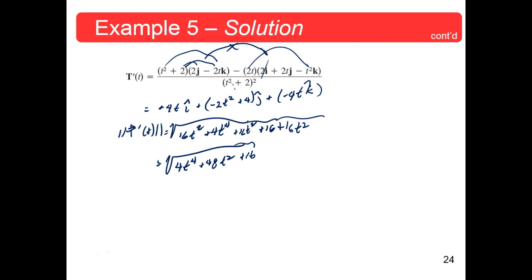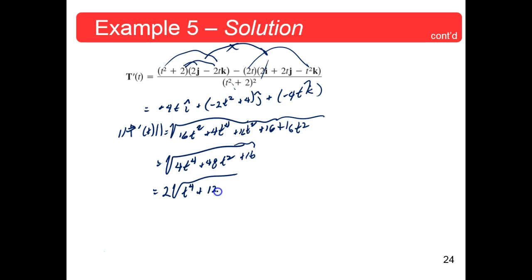I would factor a 4 out of that. Square root of 4 is 2. So this would give us 2 times the square root of t to the fourth plus, take a 4 out of that, and you're left with 12 inside here.